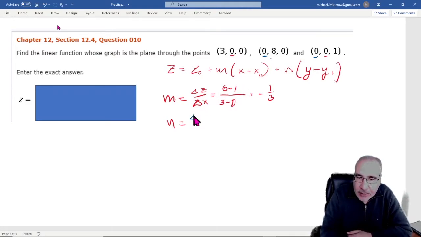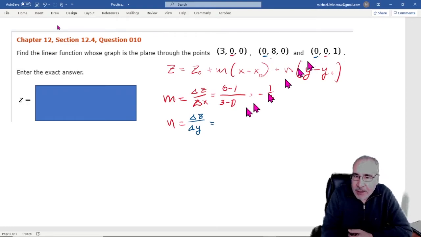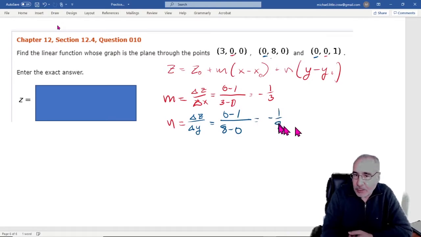This is the change of z over the change of y, using these 2 points. The y goes from 8 to 0, and z goes from 0 to 1. So we get a minus 1/8 as our slope.